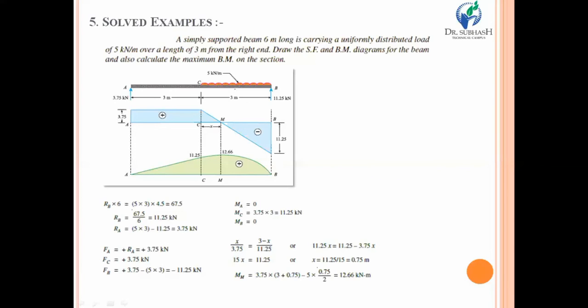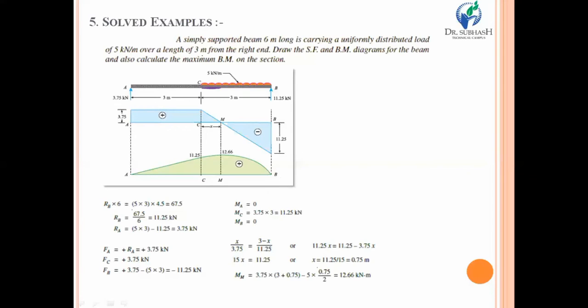Along with this, there is also a force acting over here, that is the UDL, because we only need to take care of this section, this span, and over this span a 5 kilonewton per meter UDL is also acting. So you first need to convert the UDL acting on that 0.75 meter into a point load. So it will be 5 into 0.75, divided by 2 for the distance.